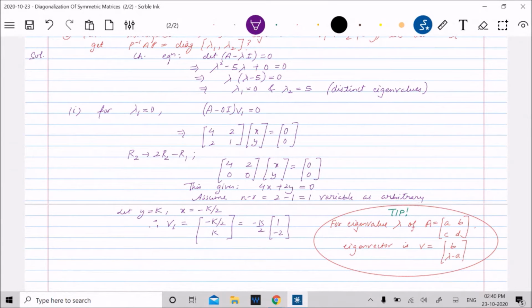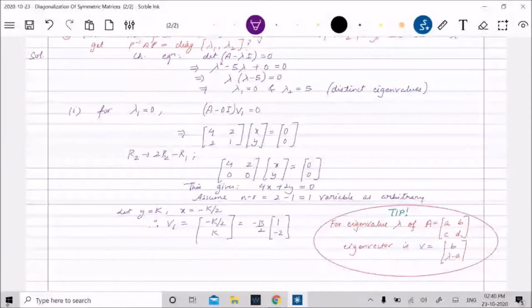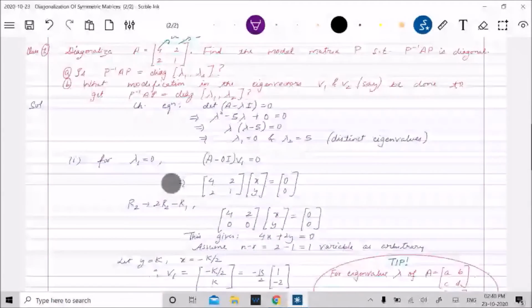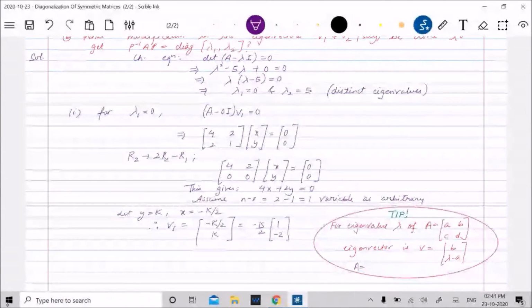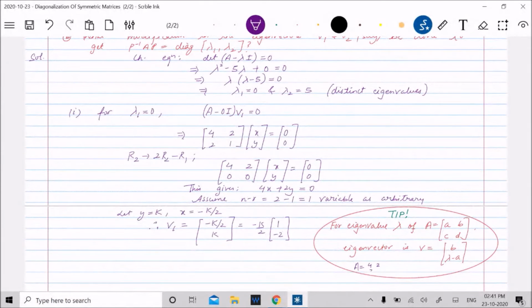If you use a direct calculation, I'm writing it here for this question. For this question, you have A is equal to, what was A? A was 4 2 2 1, and for lambda 1 equal to 0, this formula will give you v1 equal to, what is B?